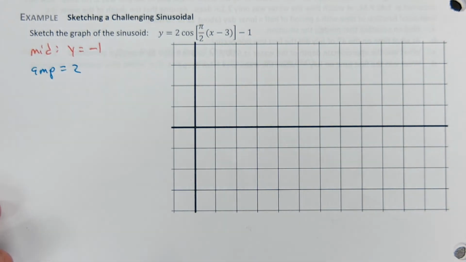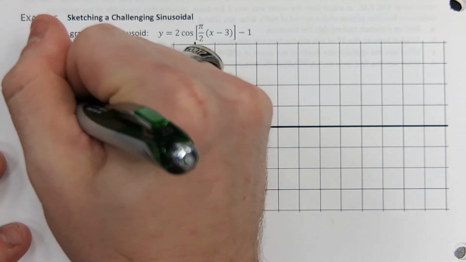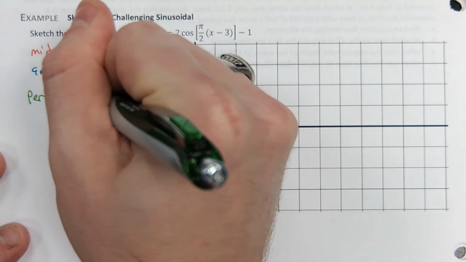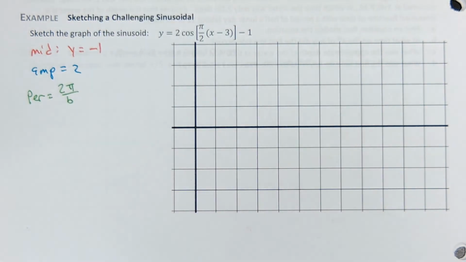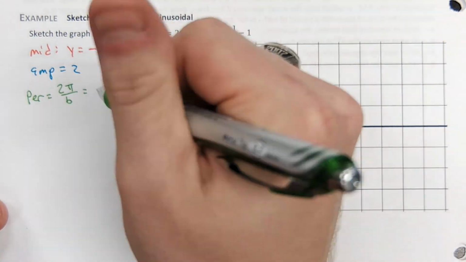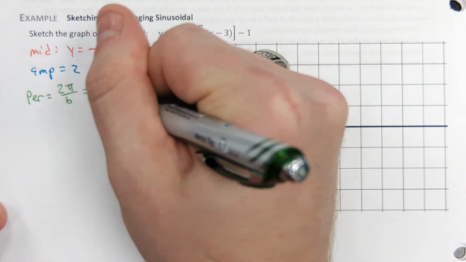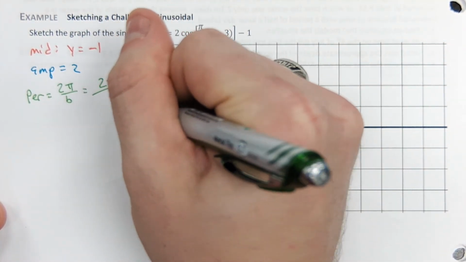Period length. Can we agree that 2 pi over b is the same thing as 2 pi over 1 times 1 over b? Never mind. I'll just write it with a fraction inside a fraction. 2 pi divided by pi halves.